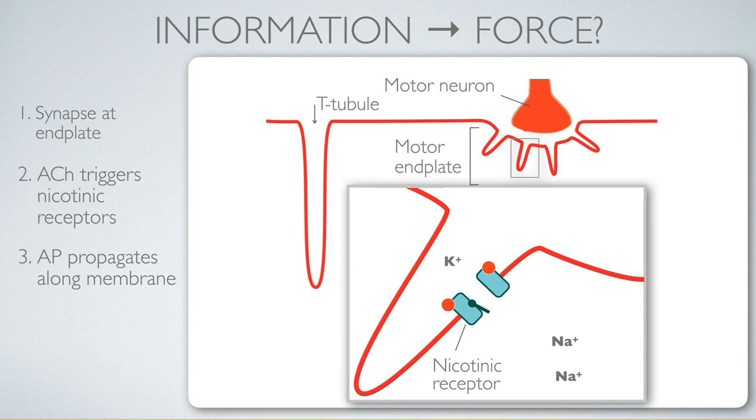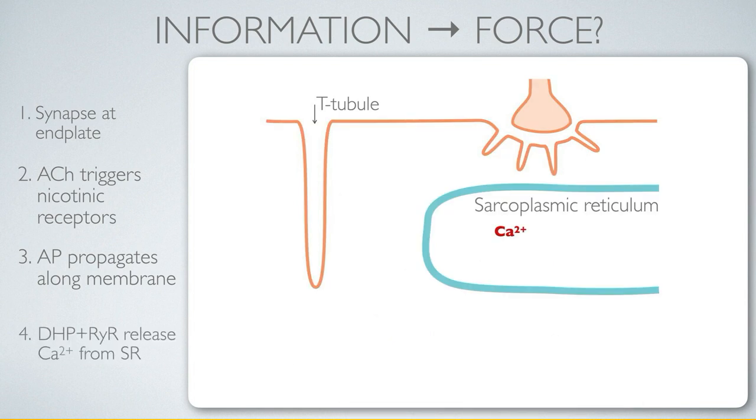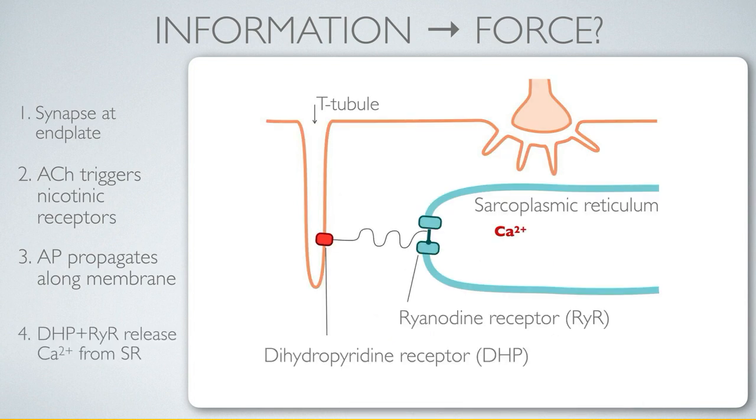Okay. So what does that do? Well, that brings us to the next step, which is what happens in the interior of the cell. Along the T-tubules, there are these proteins called the dihydropyridine receptors, or we'll just call them the DHP receptors.